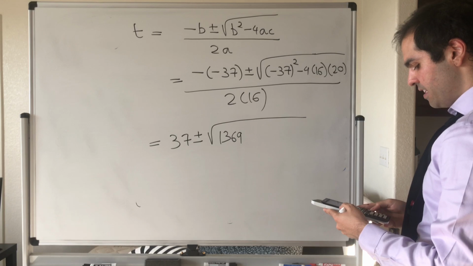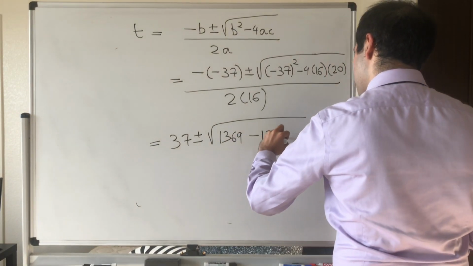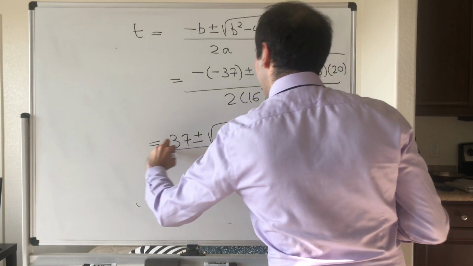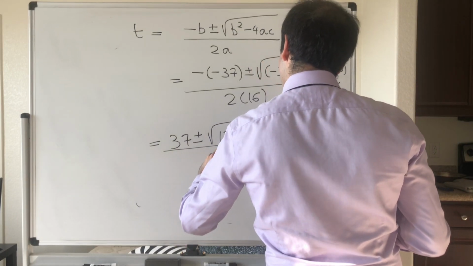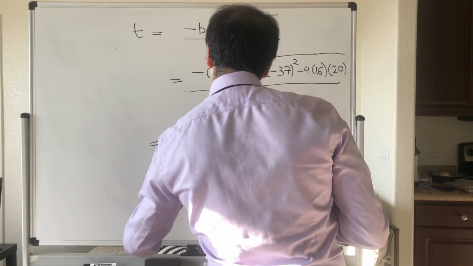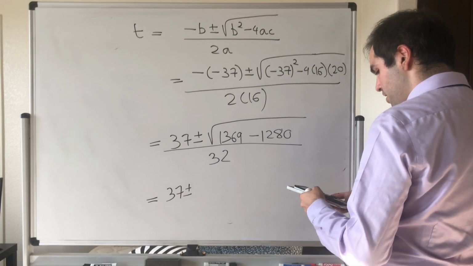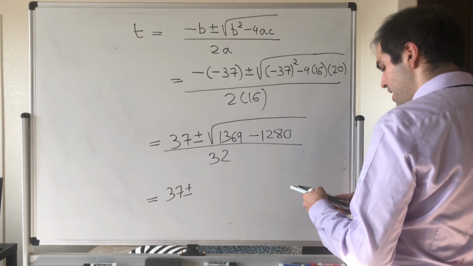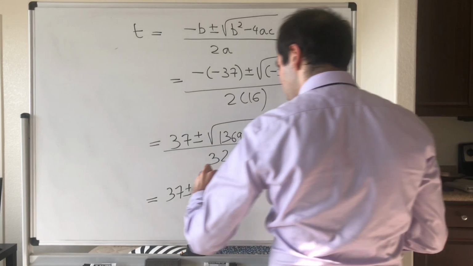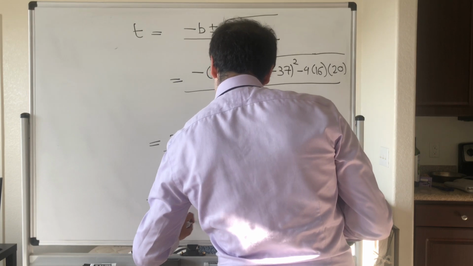And then 4 times 16 times 20, so minus 1280. And then divided by 2 times 16, which is 32, and that becomes 37 plus or minus square root of, so 1369 minus 1280 becomes square root of 89 over 32.